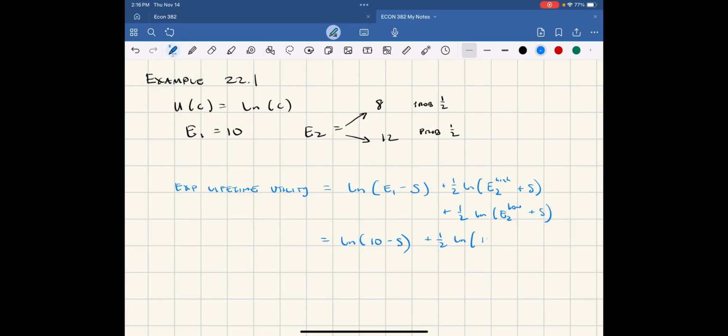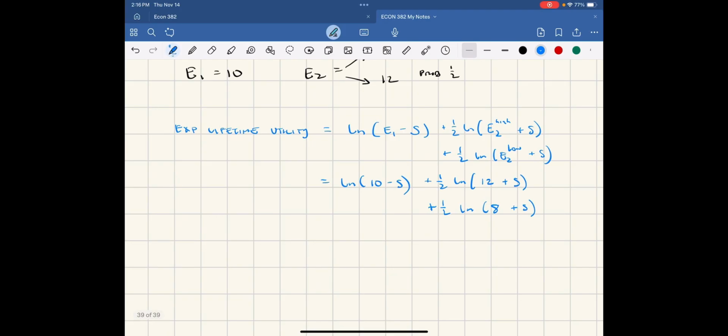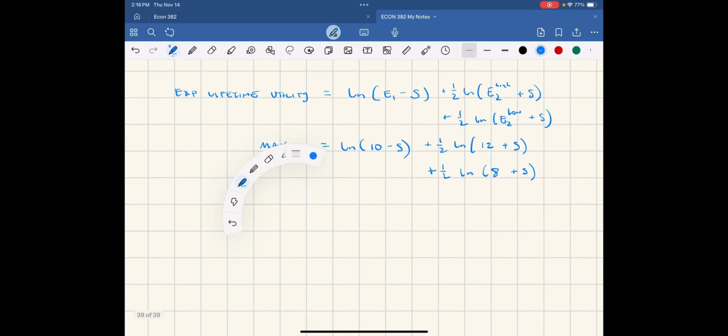Our high earnings are going to be 12 plus the savings, plus 1/2 log of our low earnings, 8 plus S. And now that we have that, we can maximize this with respect to S. So let's choose our savings rate that will maximize our expected lifetime utility.